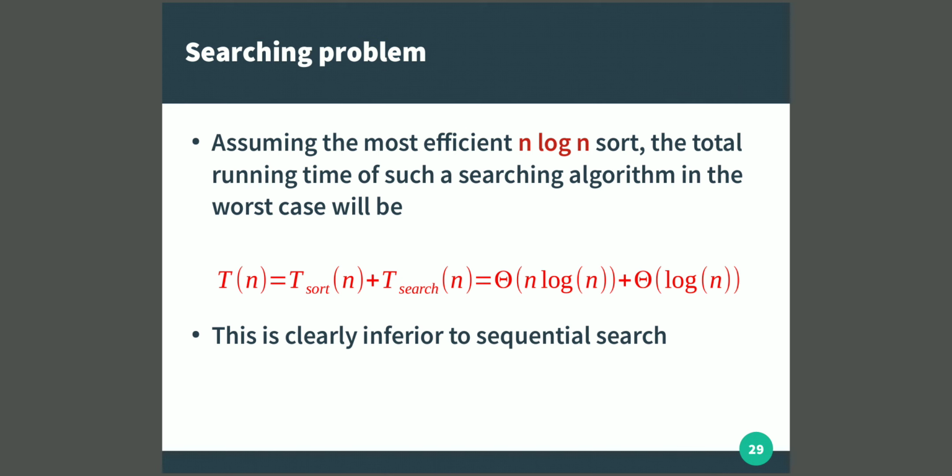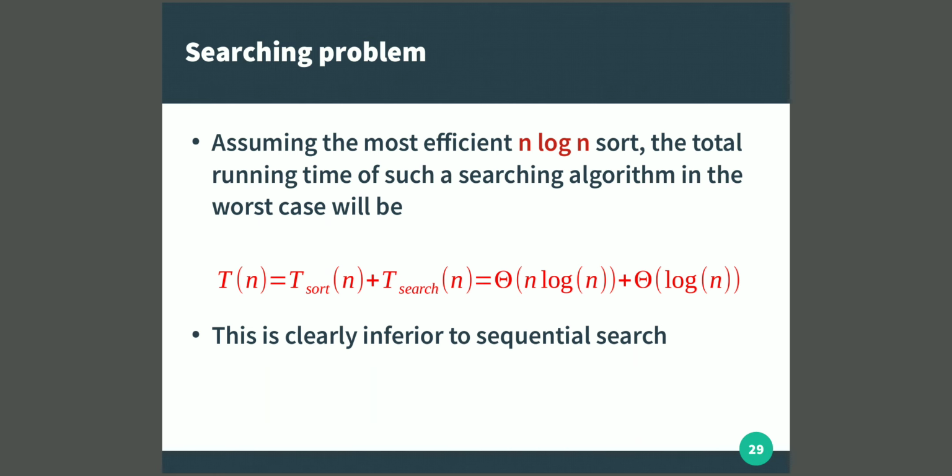Now let's look at the overall efficiency. Again, the overall efficiency is the efficiency of the two parts: the first part requires sorting, the second part requires searching. In the best possible case, we can perform sorting only in n log n. You can't sort anything better than n log n. And search, since we have employed binary search, takes log n.